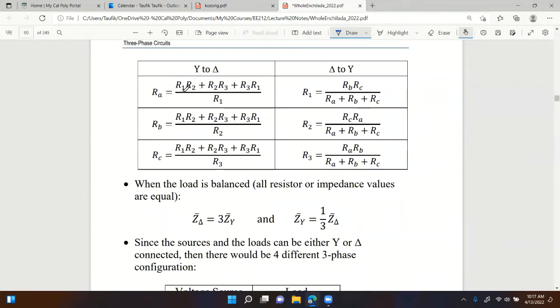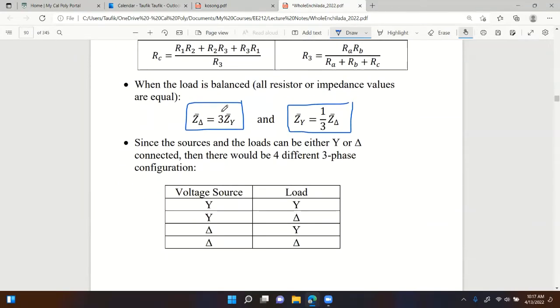If you use R, then all these R values will be the same, and that reduces this long equation to a very simple equation right here. So if you want to convert from Y to delta, all you need to do is multiply each impedance by 3. And if, on the other hand, you would like to convert from delta to Y, then you divide the impedance by 3.